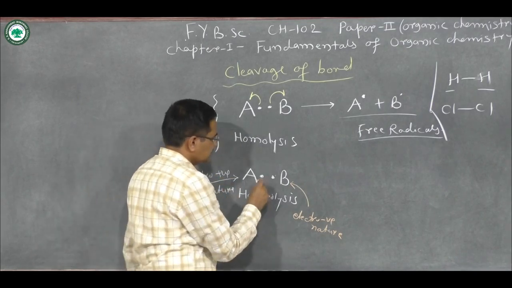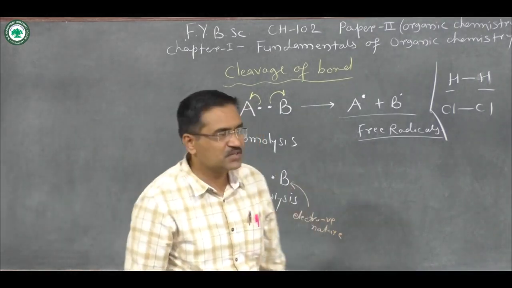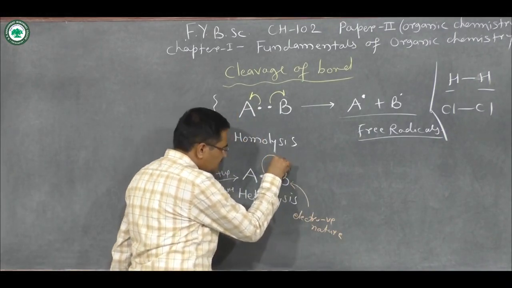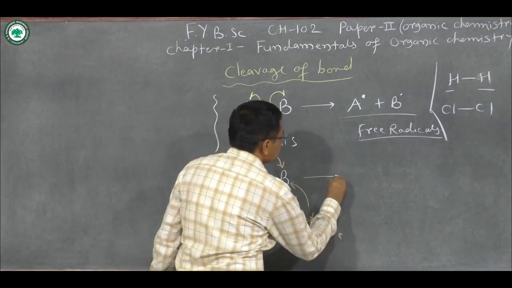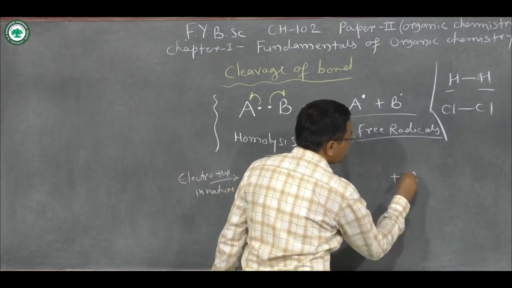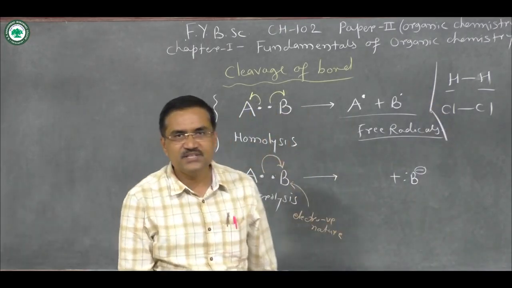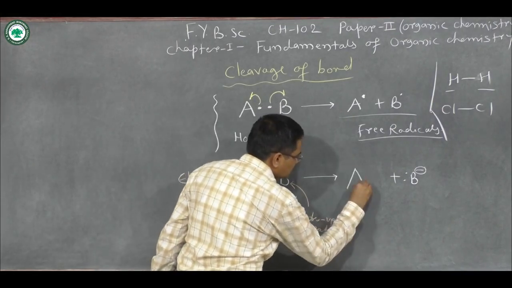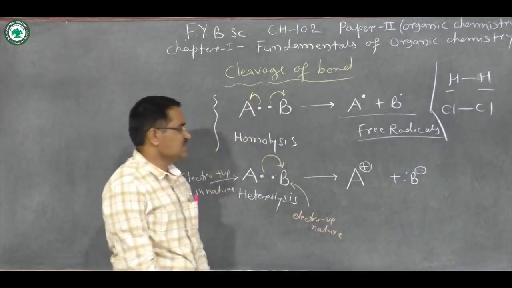Then here distribution of this bond pair electrons is unequal, and this bond pair of electrons moves towards the electronegative element, and it forms negatively charged species, and those of electropositive nature acquire positive charge.